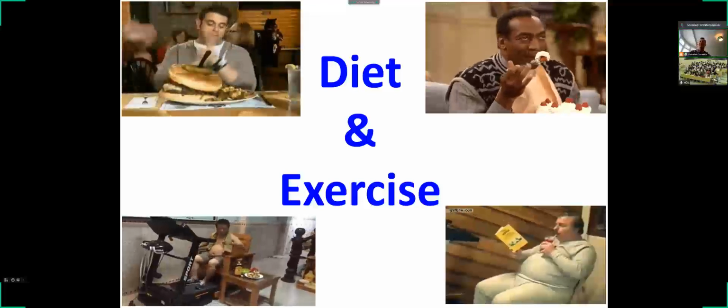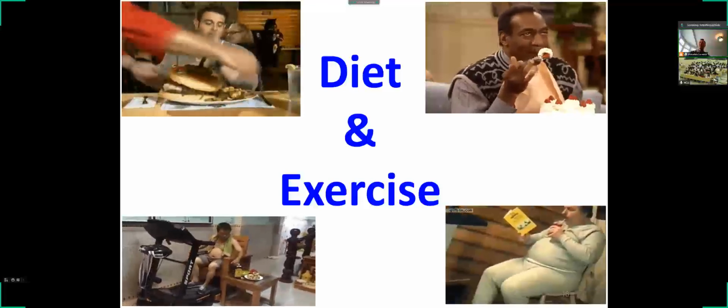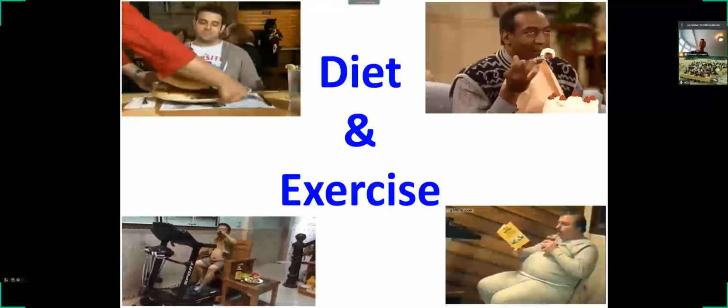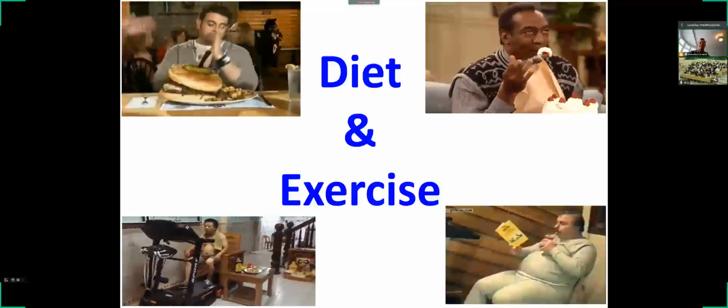And obviously, if you're not doing exercise appropriately, right, then it becomes an issue. So obviously, if you're exercising like these guys, it's obviously not going to achieve the effect that we need to reduce overall weight.